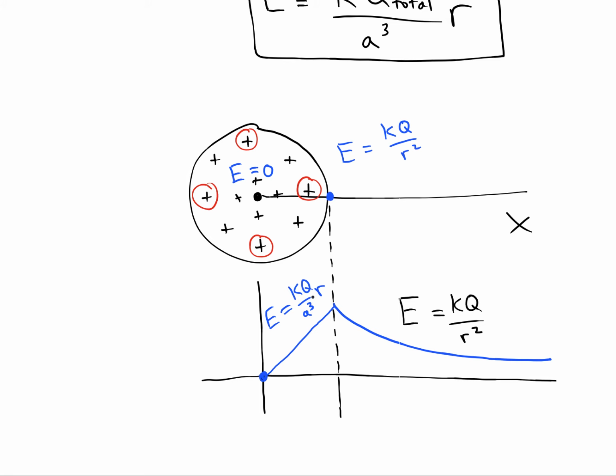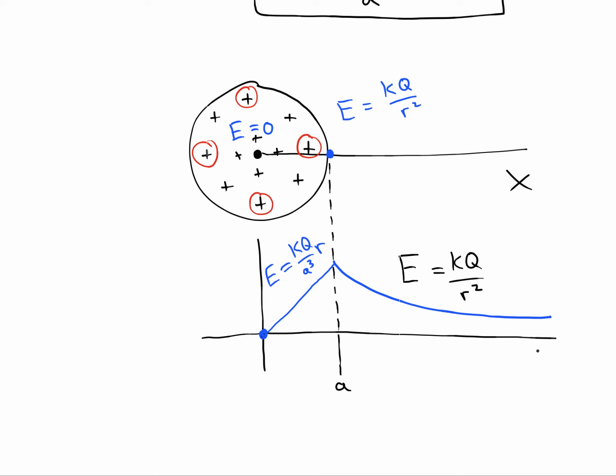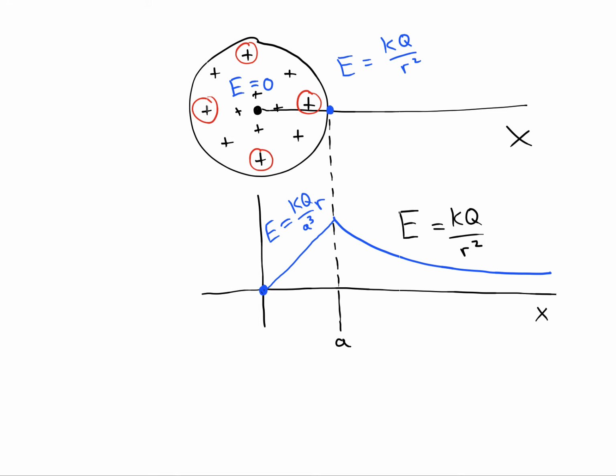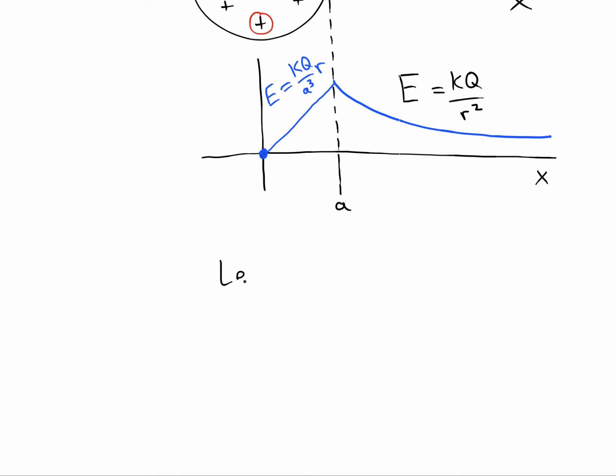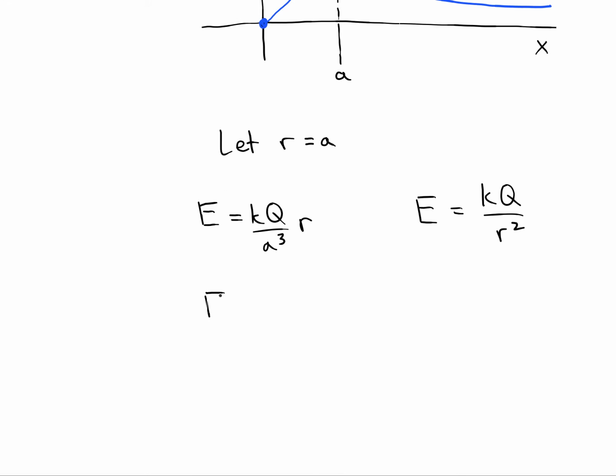Let's verify that both of these formulas do give the same answer at the boundary A. So let R equal A. Do we get the same result so that they match up at that boundary point?